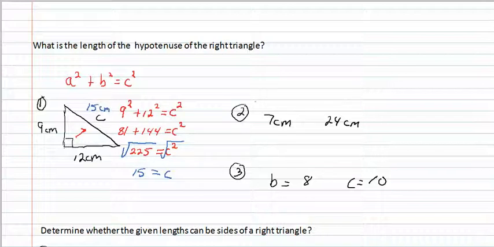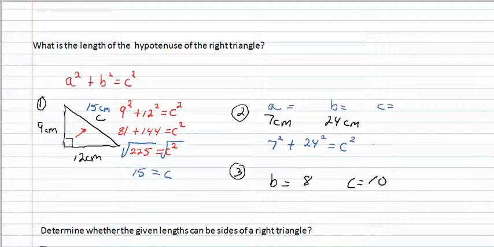Okay, over here we don't have a picture. We have two values, and it says what's the hypotenuse, so that's what I'm asking for. So this is my a, this is my b, and I'm trying to find my c. Okay, so we have 7 squared plus 24 squared is equal to c squared.